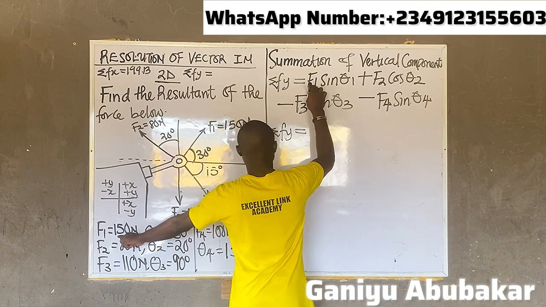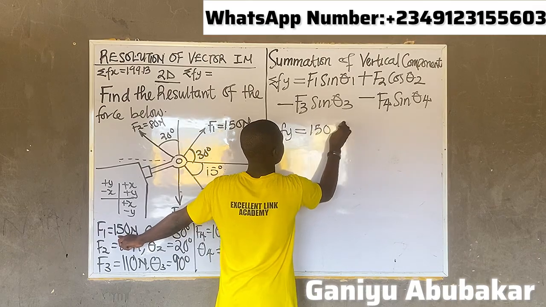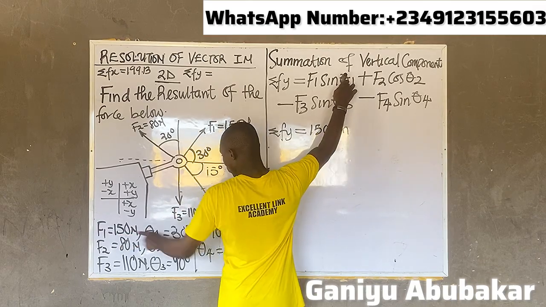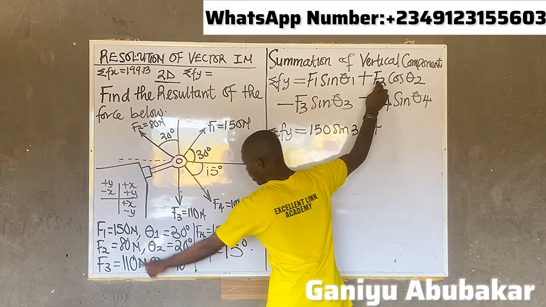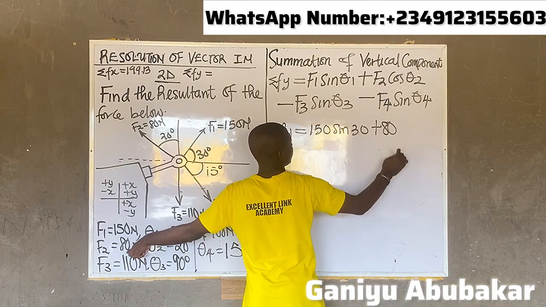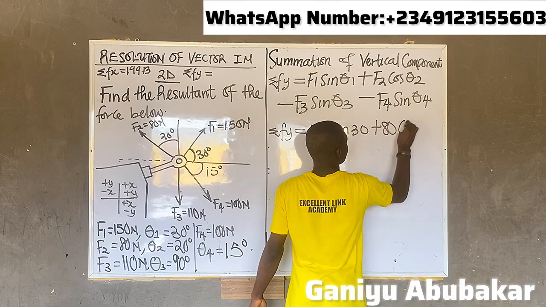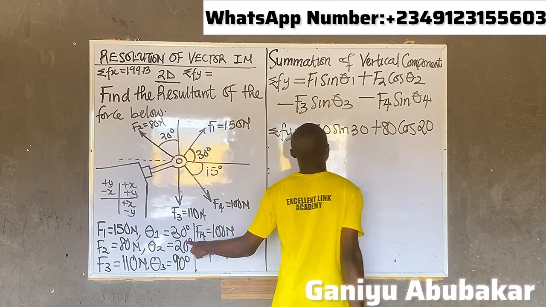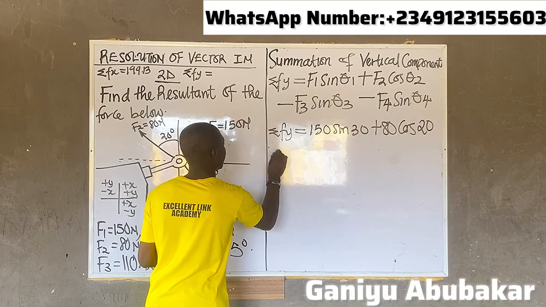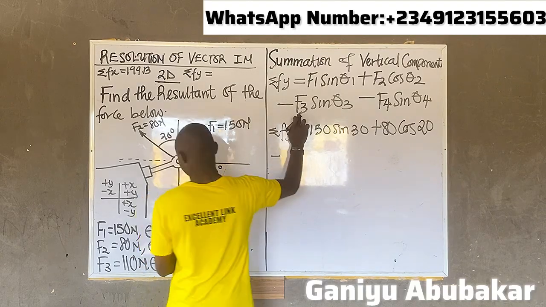F1 is 150. 150 sine theta 1 is 30 plus F2, that's 80. 80 cos theta 2. Cos theta 2 is of course 20. Next up, I have negative. This F3, what's F3 here?